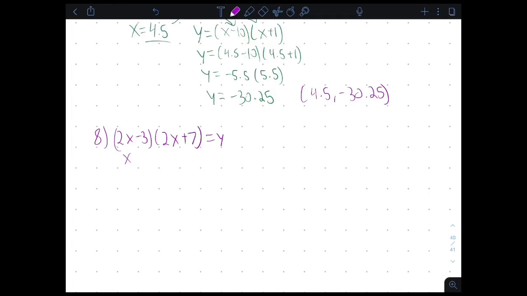Our first step would be solve for x. 2x minus 3 equals 0. We're going to solve for the roots. 2x minus 3 means that x is equal to 3 halves. And 2x plus 7 equals 0 means x equals negative 7 over 2. So my two coordinates are 3 halves, 0, and negative 7 halves, 0.